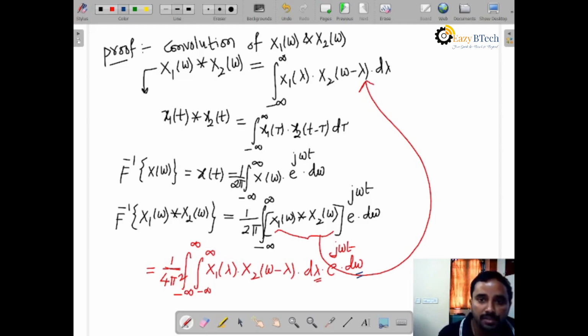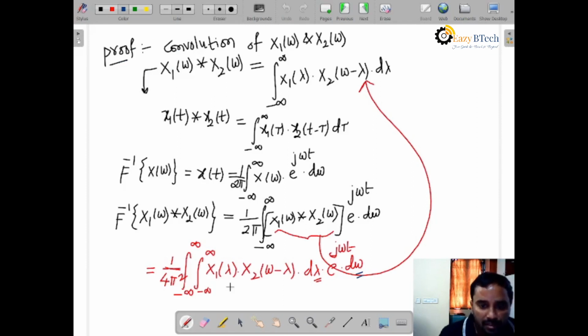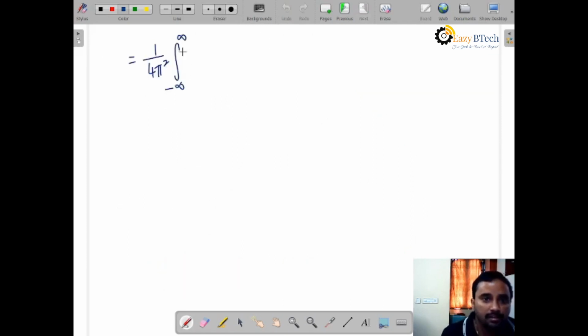So see that arrangement: 1 by 4 pi square, integral minus infinity to plus infinity, here lambda terms I am taking.